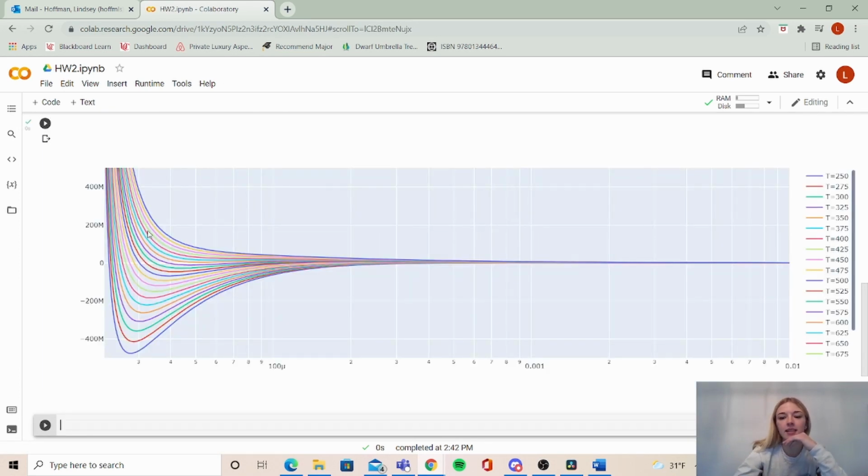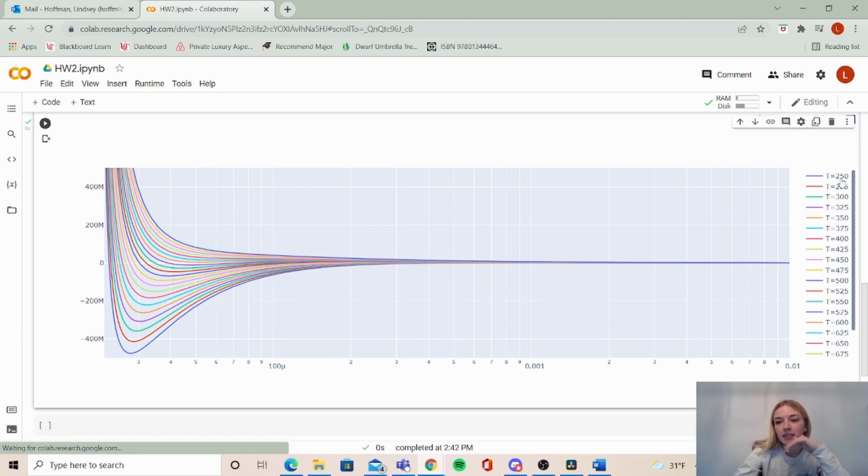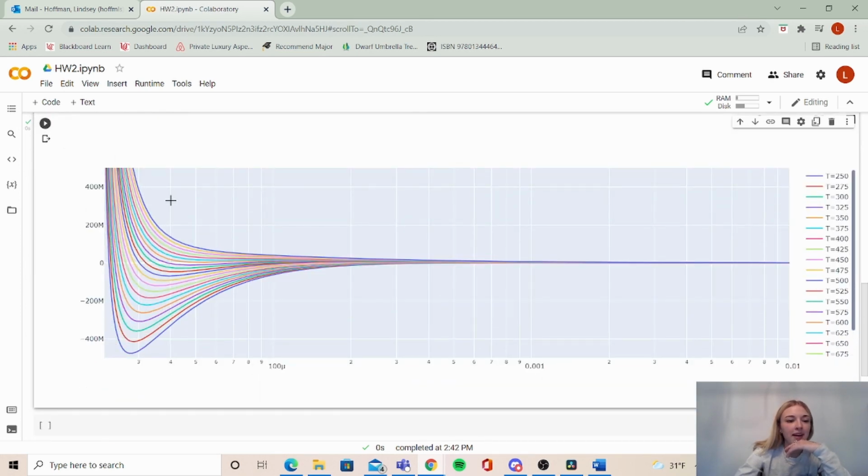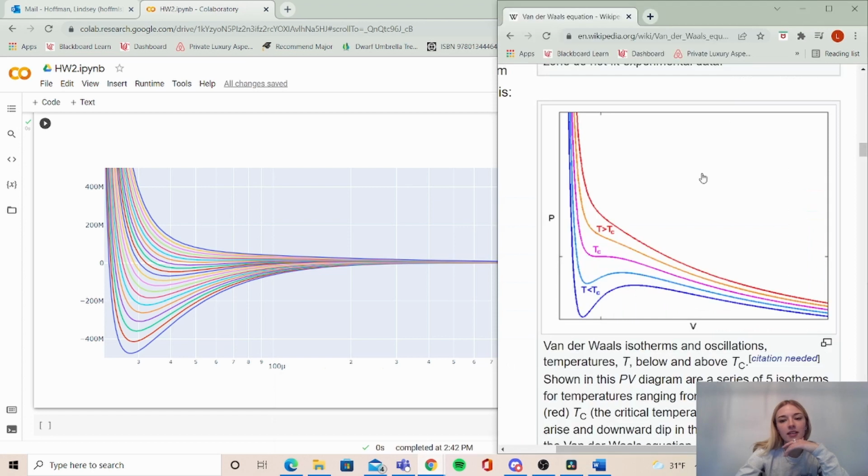So here we go. We got our multiple isotherm curves. And cool thing, we can add and remove them if we like. Just take them out, put them back in. There's many things we could do to change this up even more, but I think we're at a good spot right now because we can see there's a clear dip here, like in the other one from Wikipedia.